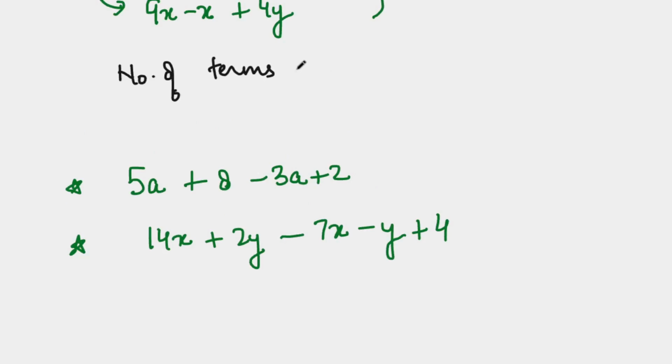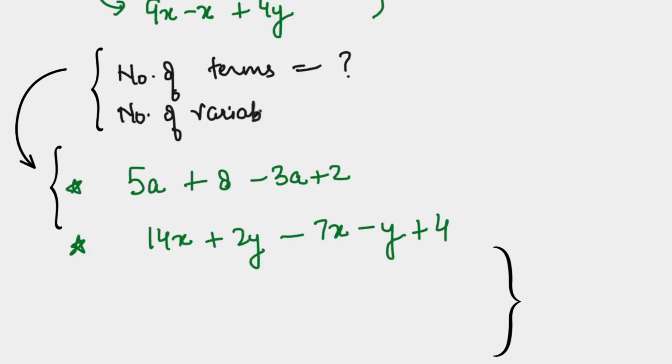Okay. Number of terms in these expressions and number of variables. How many variables are there in these expressions? Okay. Now terms, this is one term. This is another term. This is another term. This is another term. Okay. All right. So you have to find out number of terms and number of variables in these two expressions.